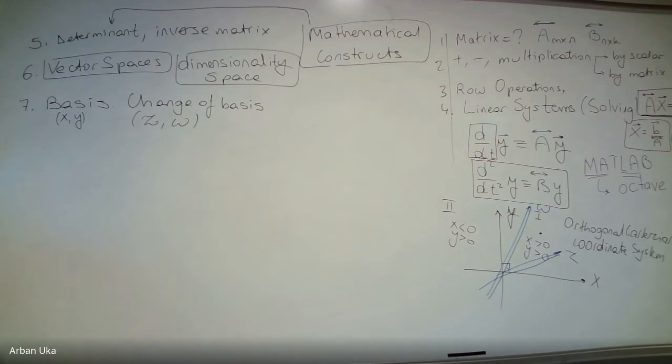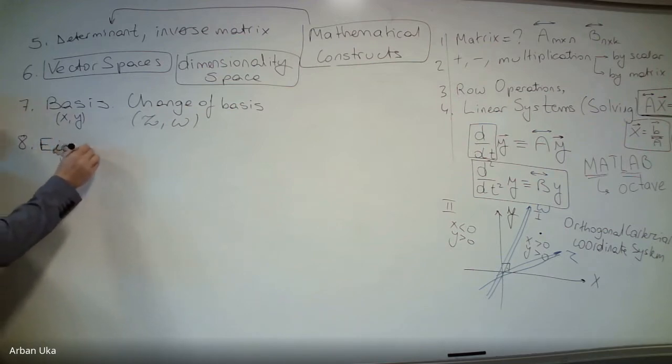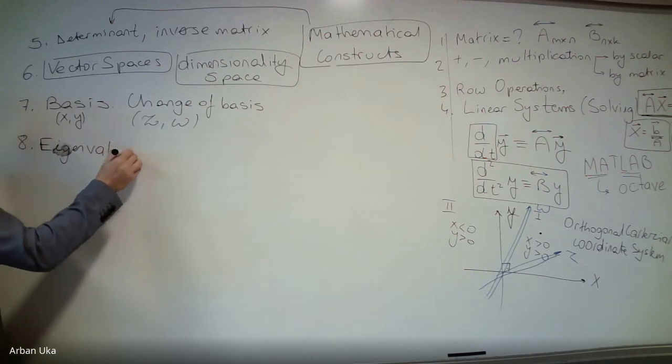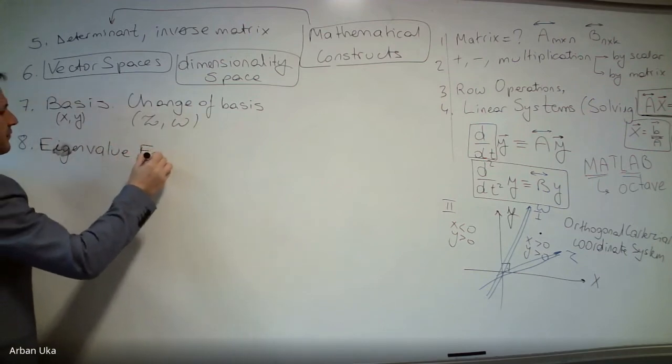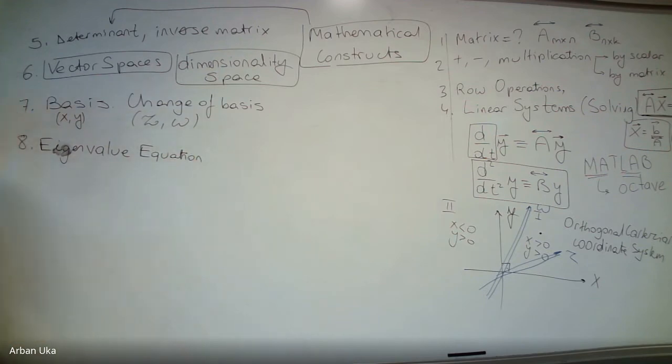Then, immediately after this basis, we're going to discuss the eigenvalue equation. So again, what was an equation? An equation was a construct where something is unknown, and we need to find this unknown.